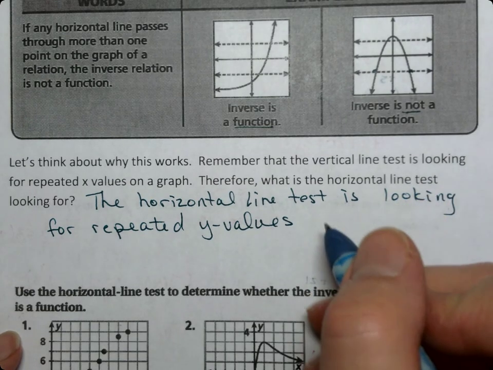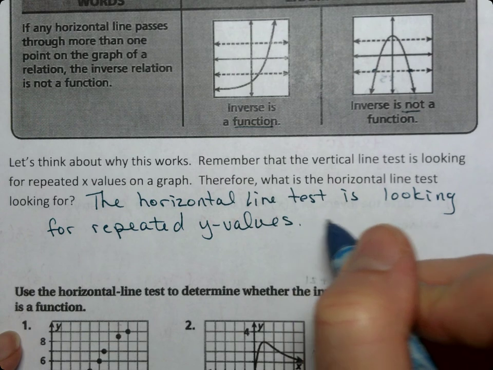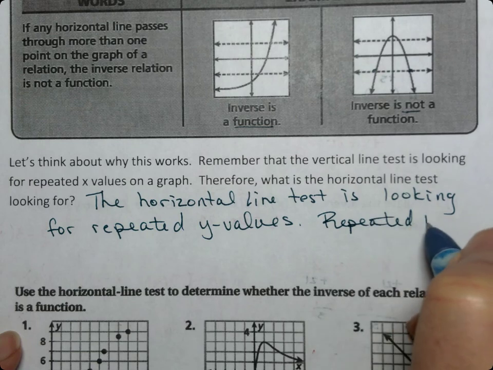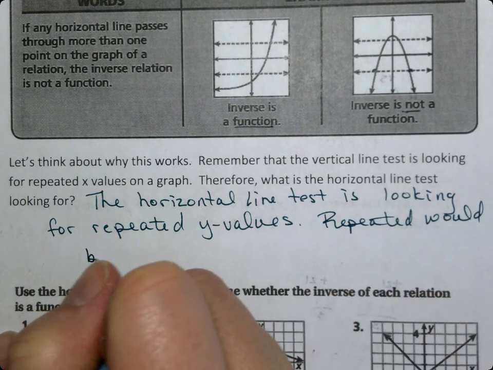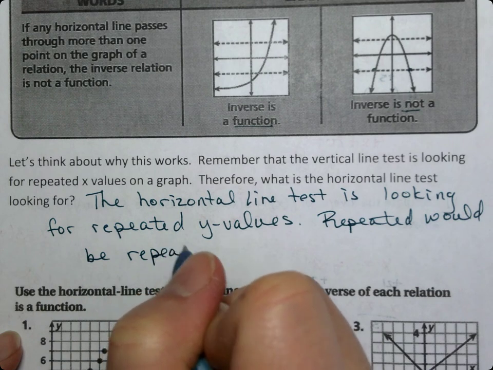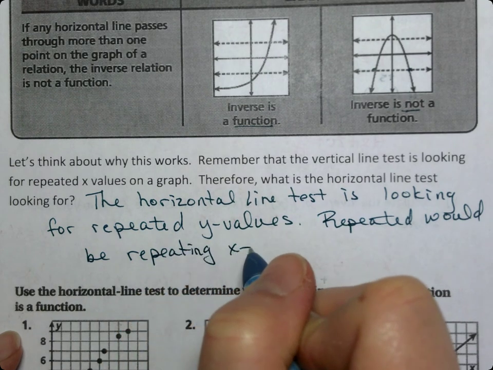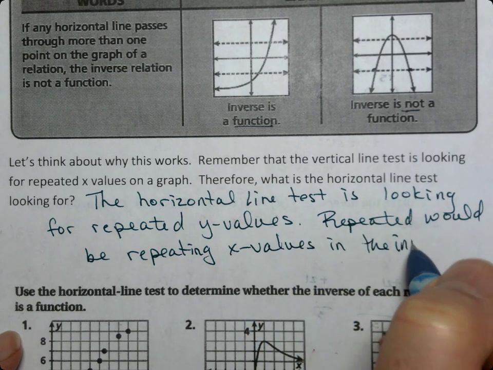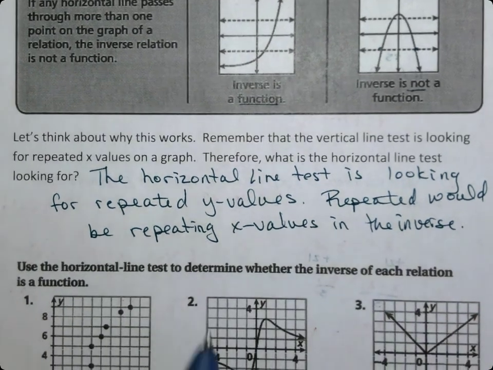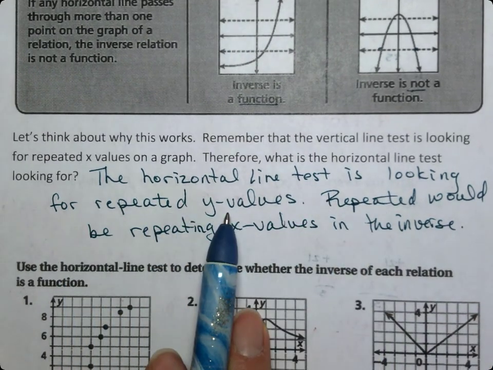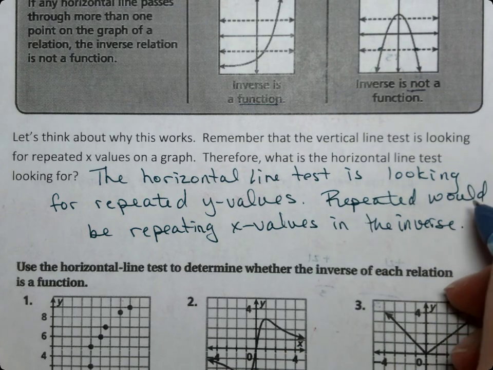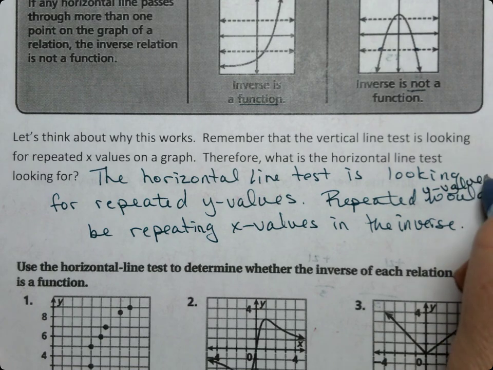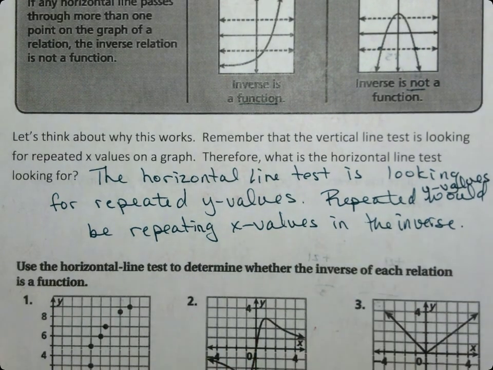So if you think about it, repeated y values would be repeating x values in its inverse. Okay, so the horizontal line test is looking for repeated y values. Repeated y values would be repeating x values in the inverse.